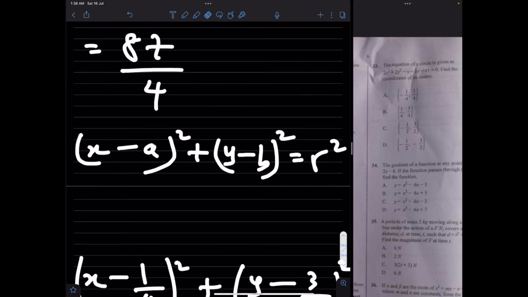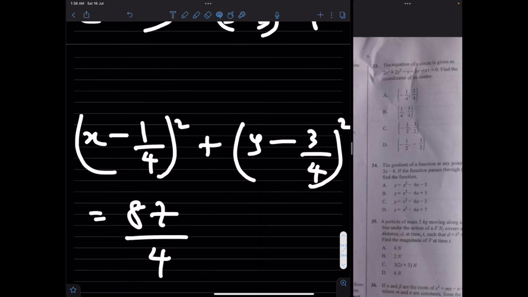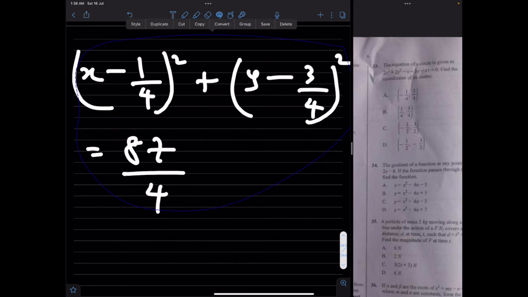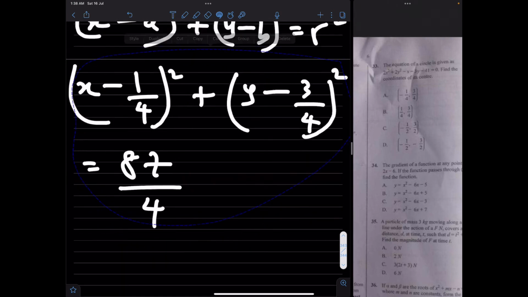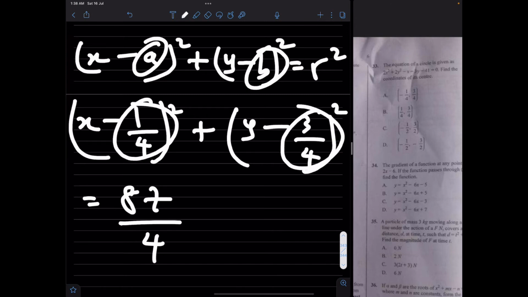So what does it become when we compare it to the general form of the equation of a circle? If we try to compare that, that means minus a is the same as minus 1 over 4, which simply means a is 1 over 4 and b is 3 over 4.